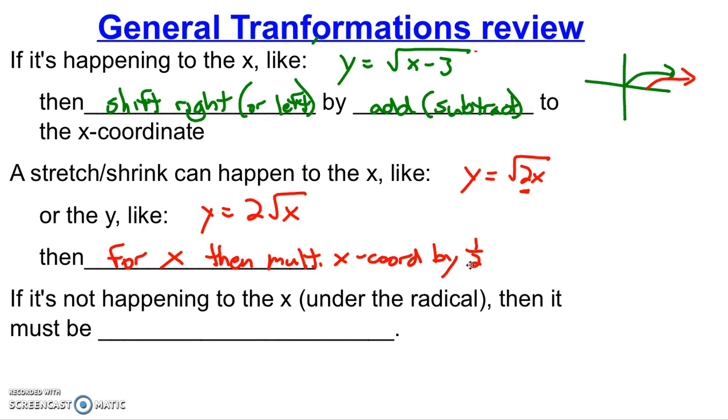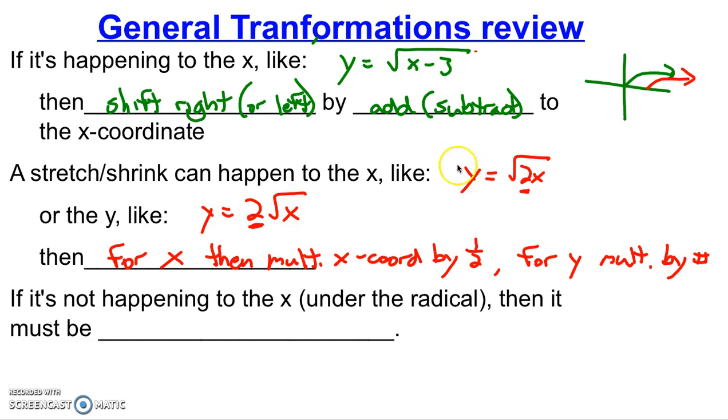Now that's a little tricky, so it might be easier in the case of a stretch or shrink that's happening under the radical to just plug in a random x, figure it out, and get the y and plot the point. But when it's happening to the y, you just multiply by this number to the y coordinate. And so that's pretty straightforward.